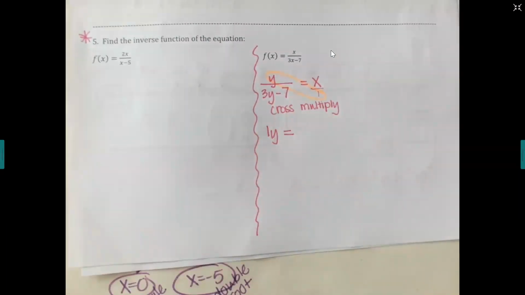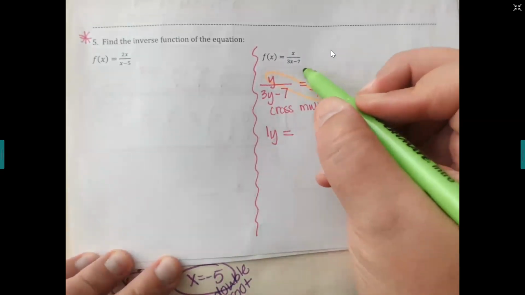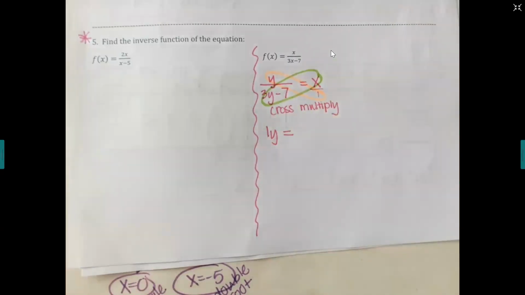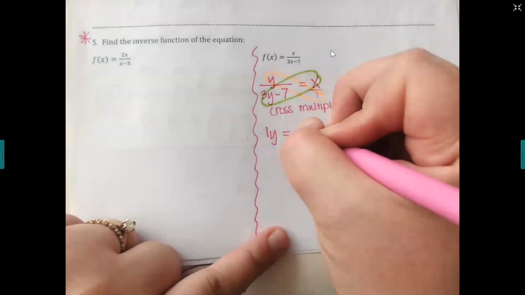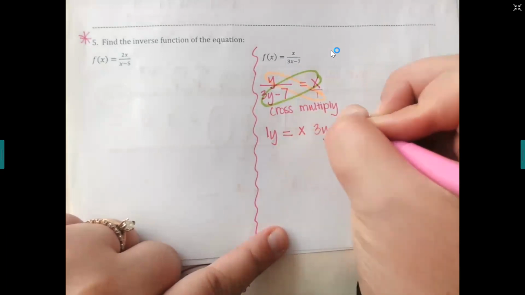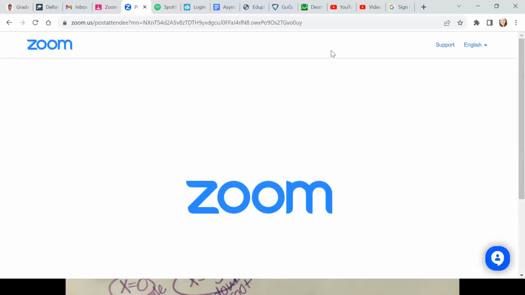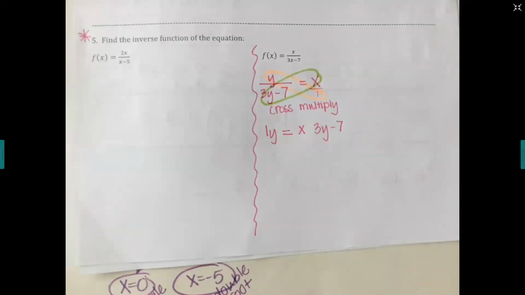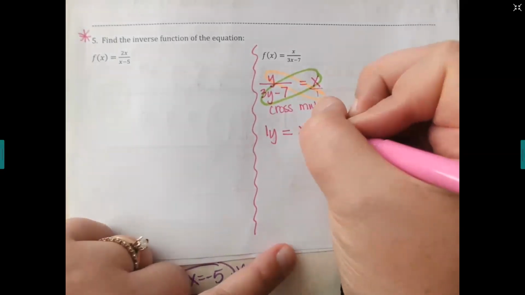And then for the other diagonal, I'm going to do x times (3y minus 7). What am I missing? Parentheses, because it's not just x times the 3y, it needs to be times the whole thing. So put parentheses there.